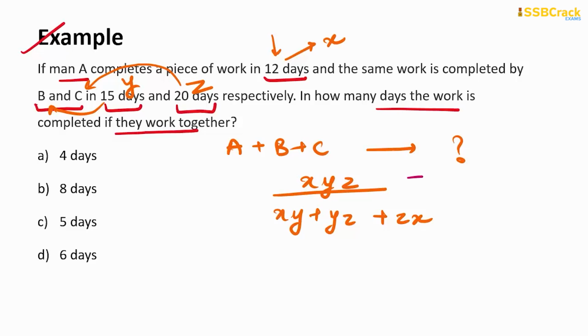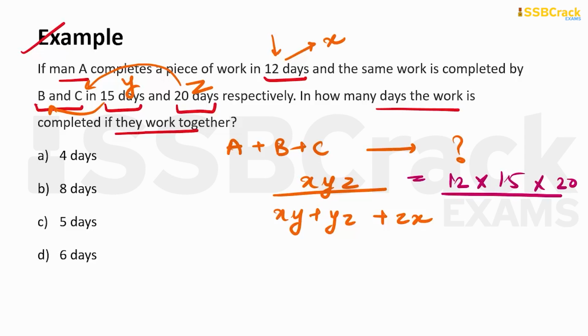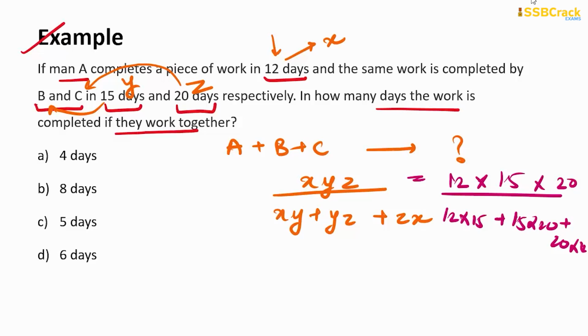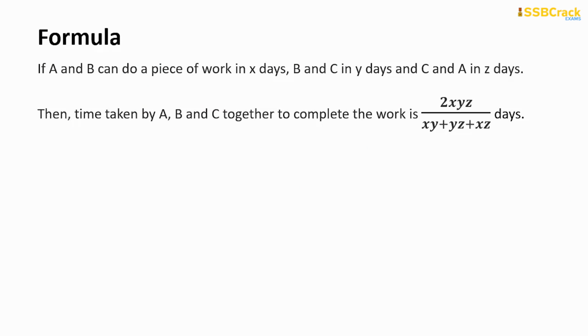So here we have X as 12, Y as 15 and Z as 20, and here it will be 12 into 15 plus 15 into 20 plus 20 into 12. So now you can easily do the simplification and check directly that the answer for this question will be 5 days, right? This will be very simple if you remember this formula and directly apply it to get the answer, right? Now coming to the next formula of this lecture.